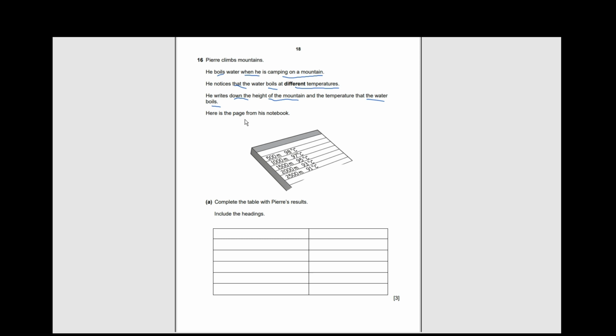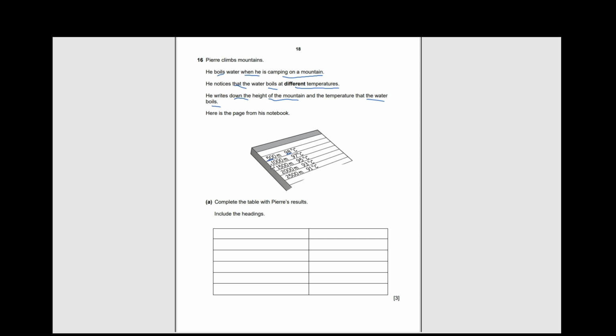Here's the page from the notebook. So he boils the water when he's camping on a mountain. He notices the water boils at different temperatures. He writes down the height of the mountain and the temperature that the water boils. So I believe the height of the mountain is playing a big factor on the temperature that the water boils. Here we can see that at 500 meters the water boils at 98 degrees.